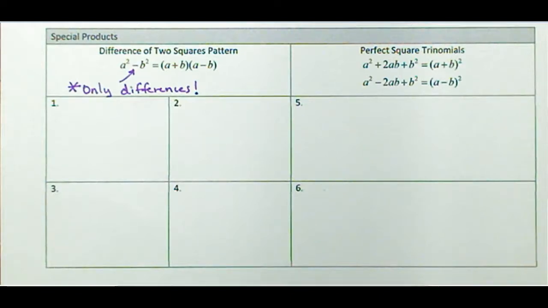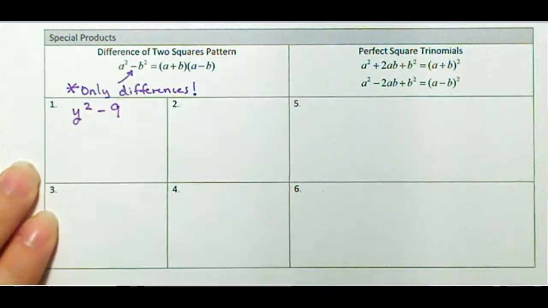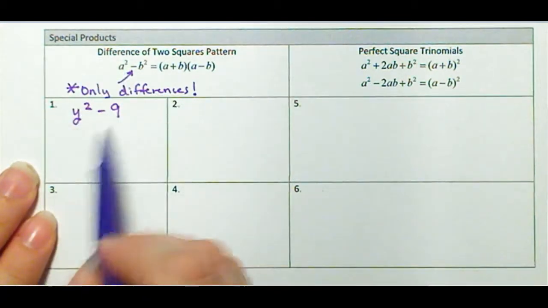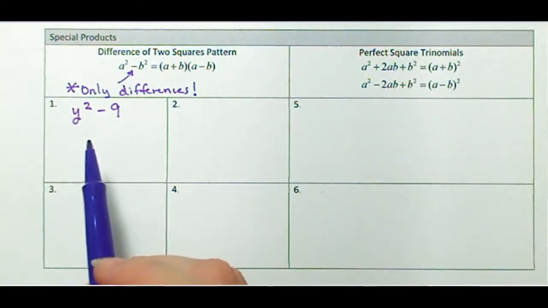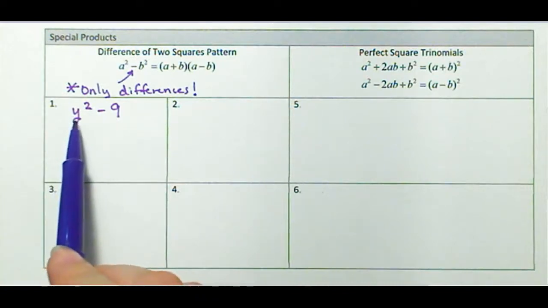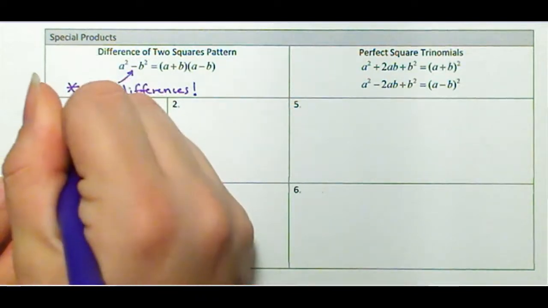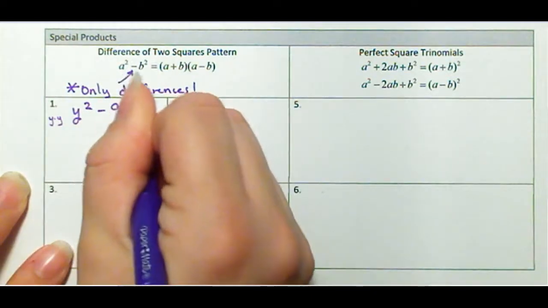So let's look at an example, number 1, y squared minus 9. It only has two terms, so this is going to clue us into A, look for a GCF, and B, see if it's a difference of two squares. y squared is a perfect square, it's y times y. 9 is a perfect square, it's 3 times 3.